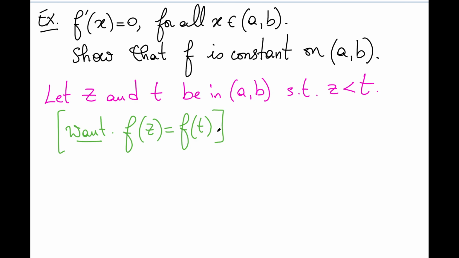If I manage to show this, I'm done, right? Because Z and T were randomly chosen in the set AB. So this means that f is going to be the same for any numbers Z and T randomly chosen in AB. As such, f must be a constant. Okay. All right.